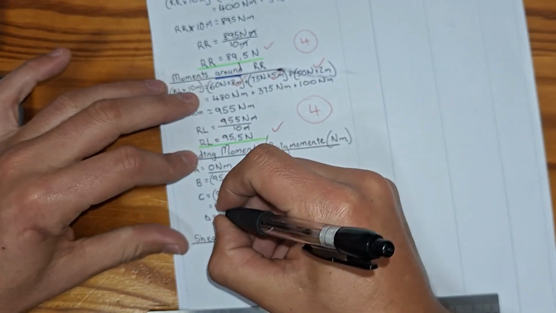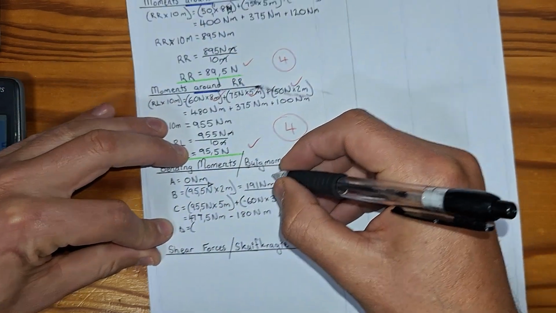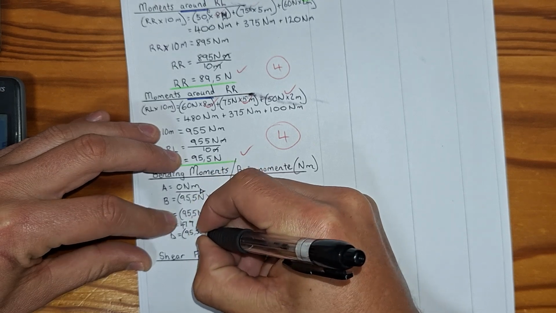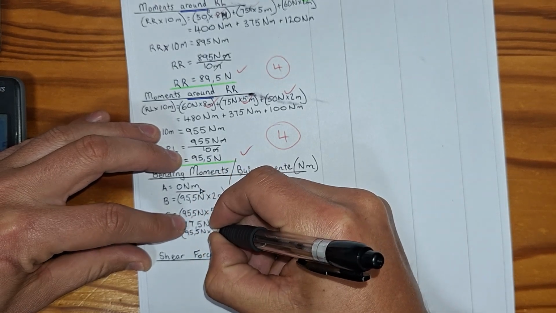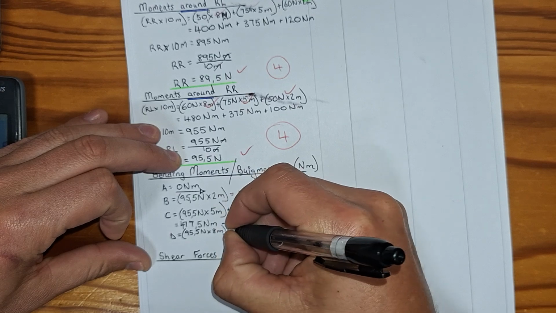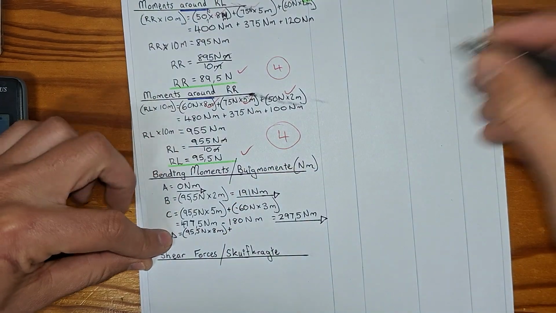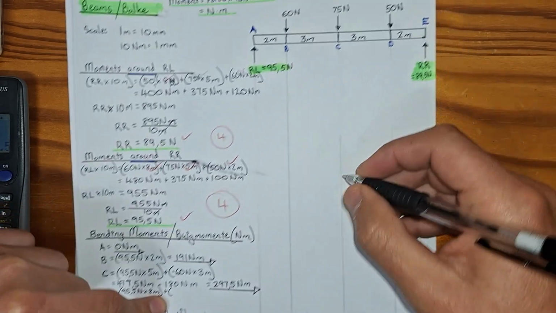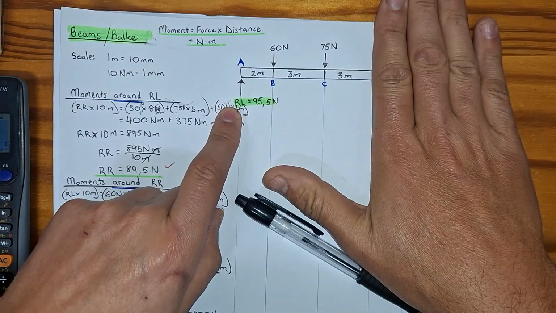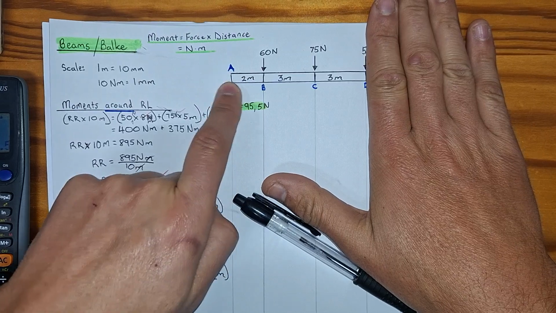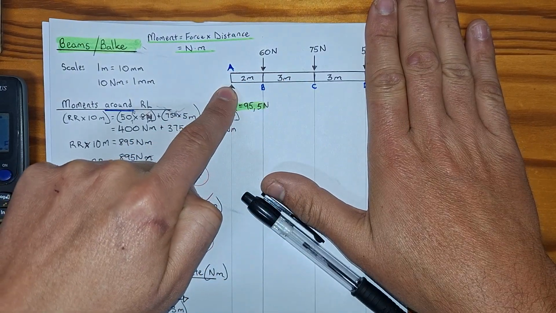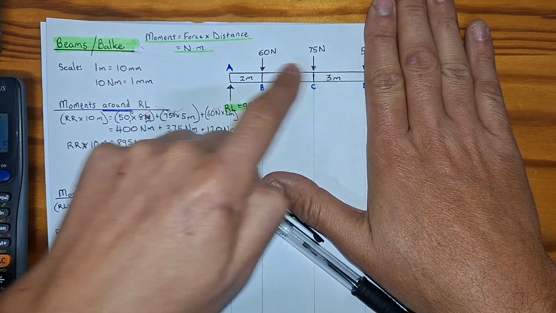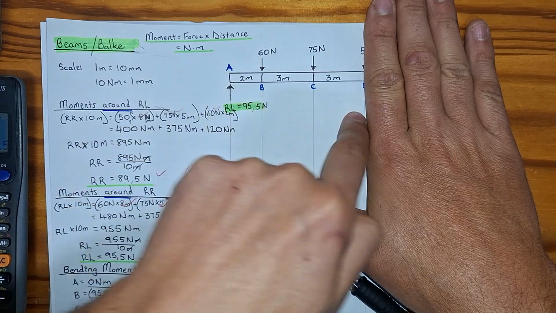We will put this in brackets. 95.5 newtons times 8 meters, plus, remember it's the sum of the moments, so outside of the brackets it will be a plus. Open the bracket for the next moment. So we're working towards D. We've already written down this moment, positive 95.5 times 8 meters. So now it will be minus 60 times 6. Minus 60 newtons because it's downwards, times 6 meters.